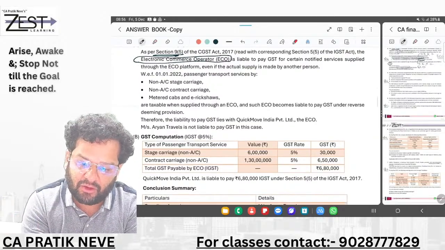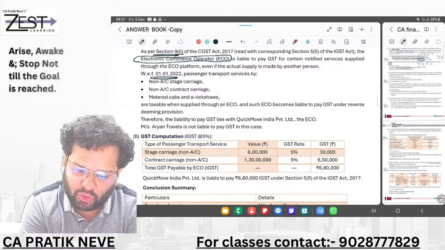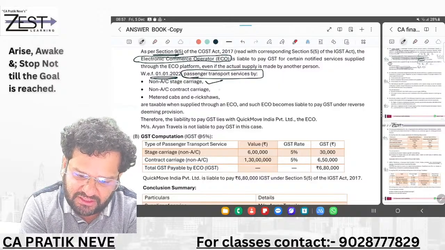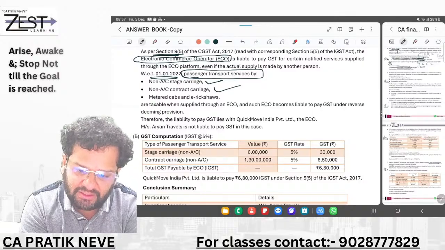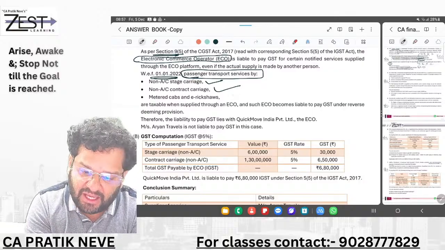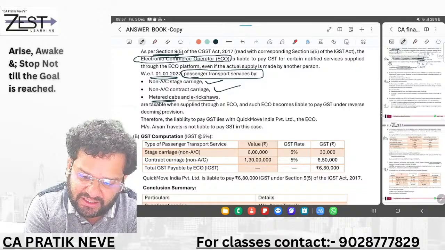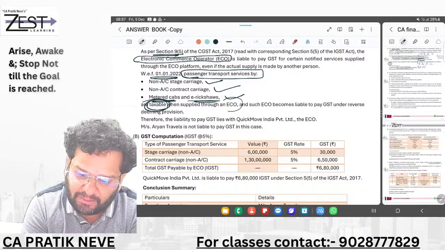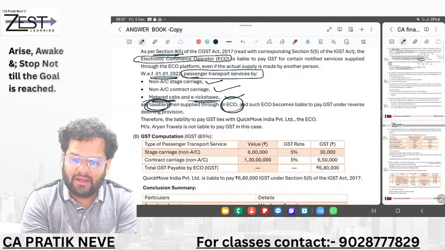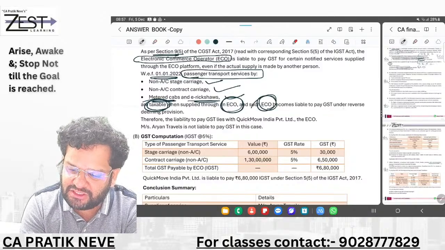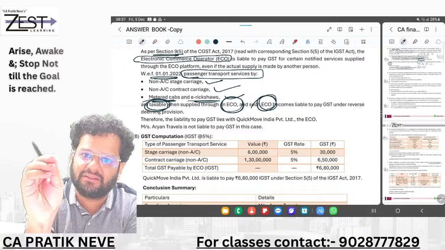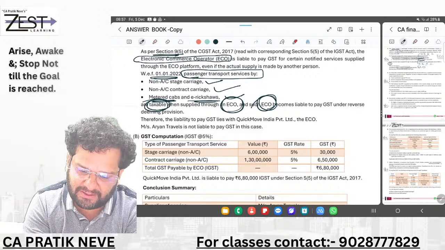Clear? Now, with effect from 1/1/2022, passenger transport service by non-AC stage carriage, non-AC contract carriage, as well as metered cabs and e-rickshaws will be taxable when supplied through ECO. And ECO becomes liable to pay GST, can't say reverse charge actually, but under the liability of ECO to pay GST.